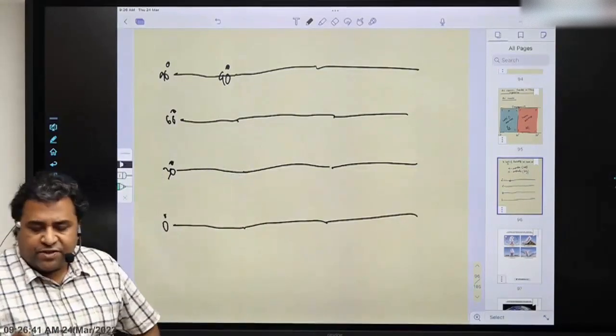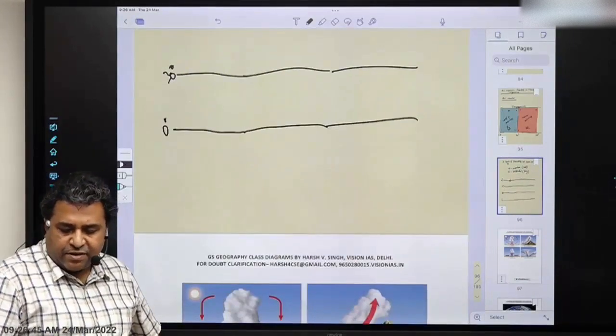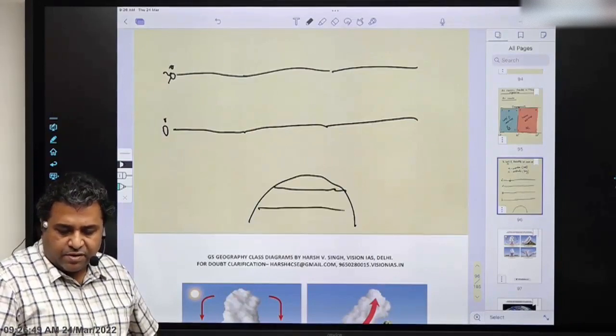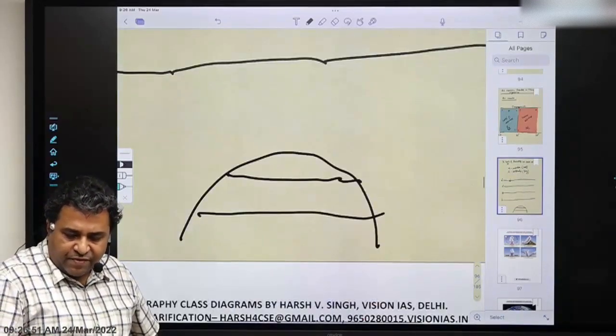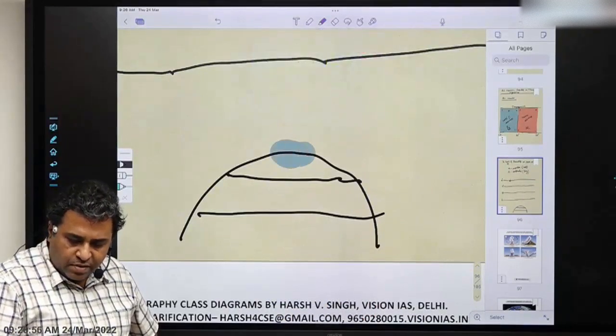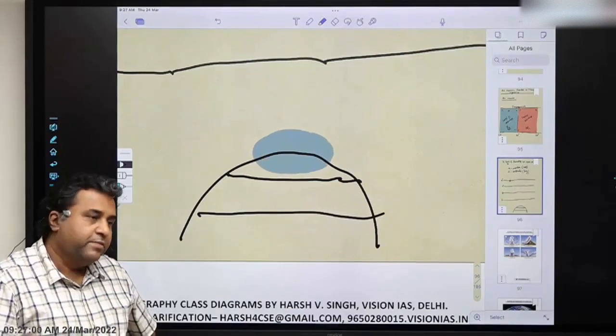So the air mass which will be around 90 degree, for example, let us say this is the earth, ऐसा, okay, and the latitudes are somewhat like this. So the air mass that you have around this region, around the pole, ये वाला, यहाँ पे, okay, how do you expect that air mass to be?